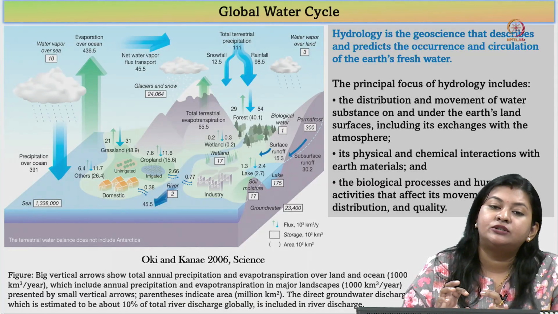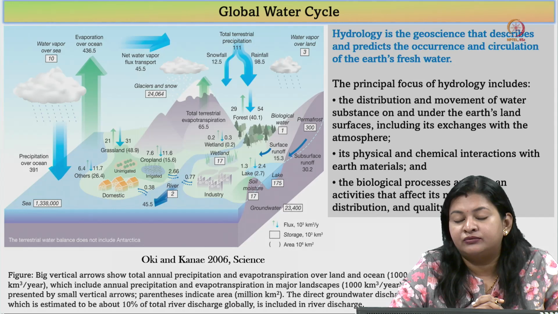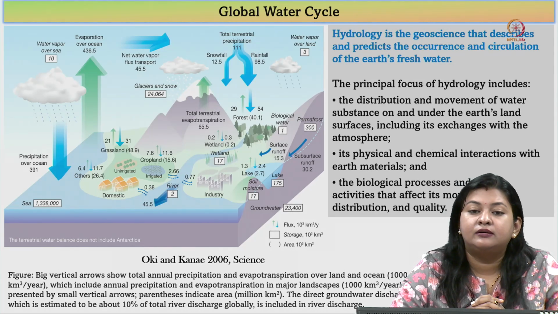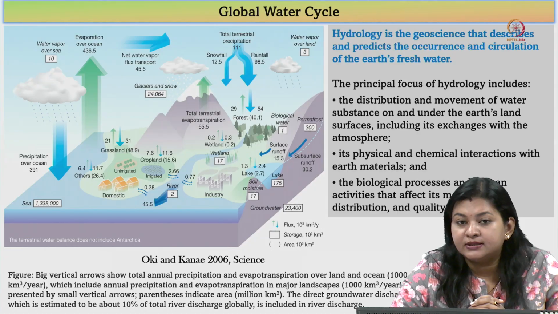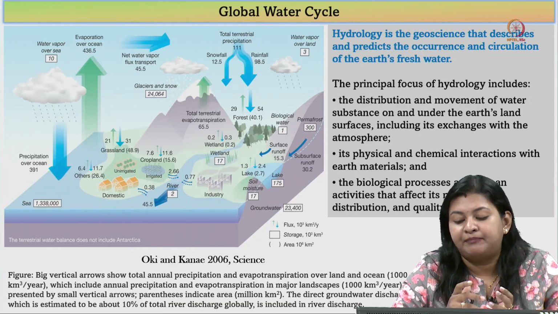Okay, so, it is not just water that is moving across all the different kinds of environments, but there is movement of energy, there is movement of matter, and a lot of processes happening when these exchanges are happening. Okay.